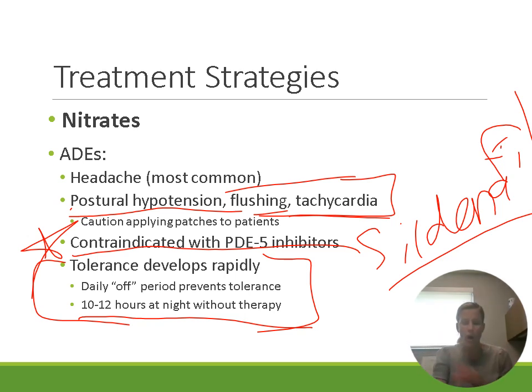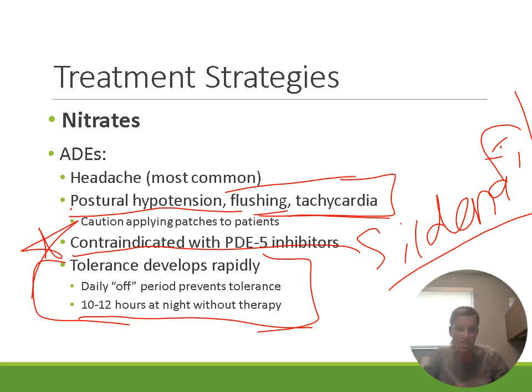So you don't want the off period to happen first thing in the morning. So instead, if the patient takes it at bedtime, it lasts through that like 8 hours of night, and then they're covered for like 4 hours in the morning. And then they'll be off of it from like 11 until 11 or 10 until 10, and then they'll take it again. Just FYI.